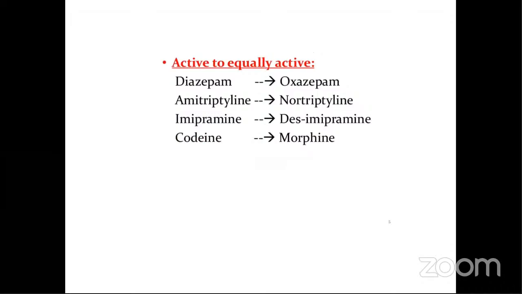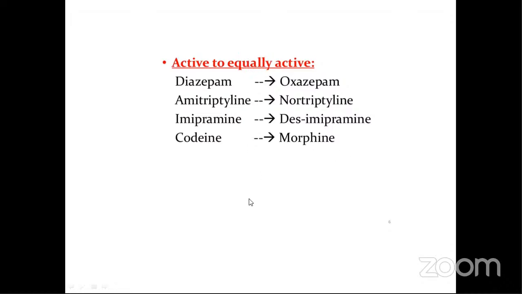Next, active to equally active, meaning there is no change in the activity. They have the same biological actions. Structure may be changed, but activity will be the same. You can see the example of diazepam to oxazepam. Here there are some changes in the chemical structure, but activity is the same. Amitriptyline, nortriptyline, imipramine, desipramine, codeine, morphine.